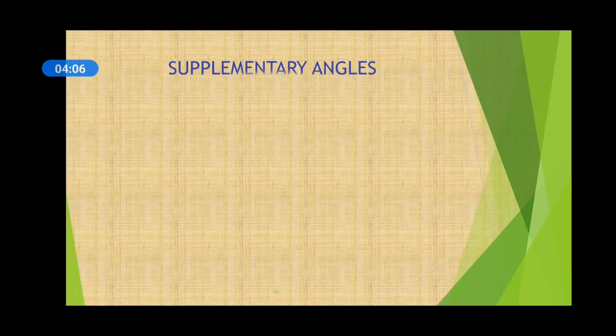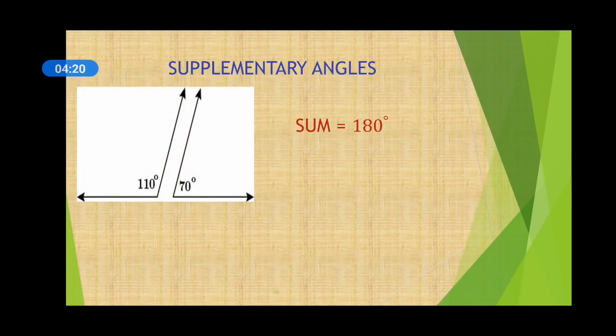Now look at the second definition, that is supplementary angles. If two angles have their sum equal to 180 degrees, then they are called supplementary angles. Now look at the first figure. There are two different angles, 110 and 70, and their sum is 180.